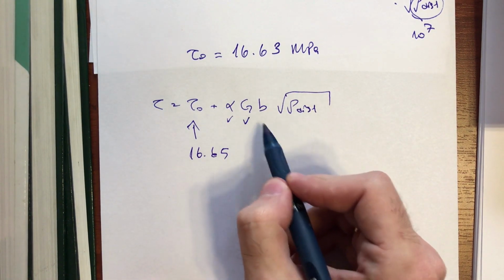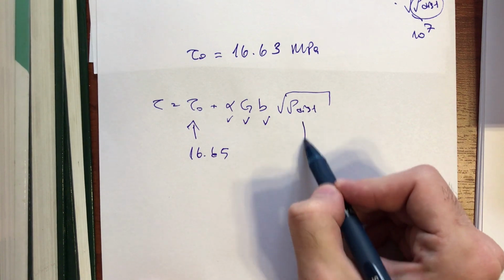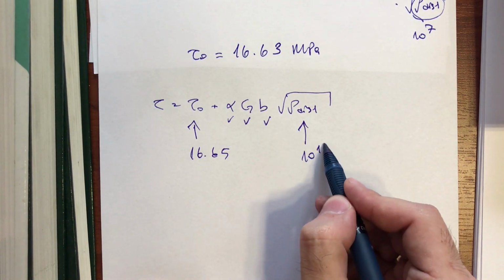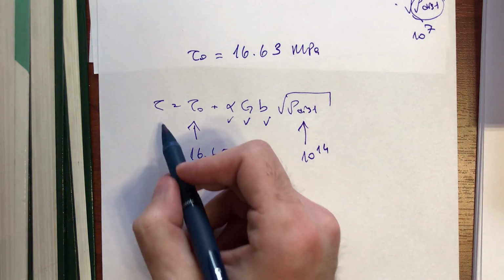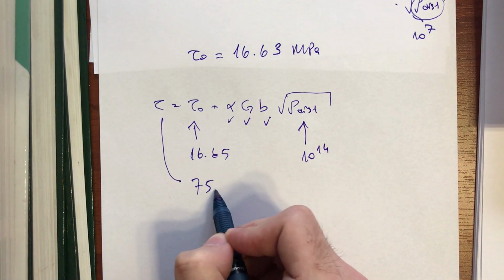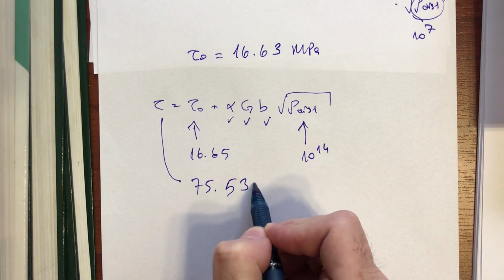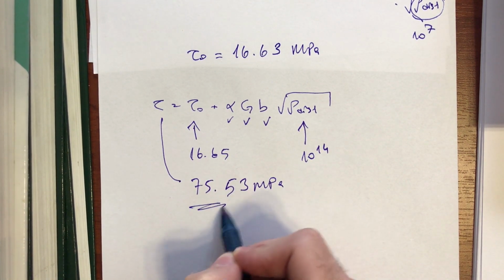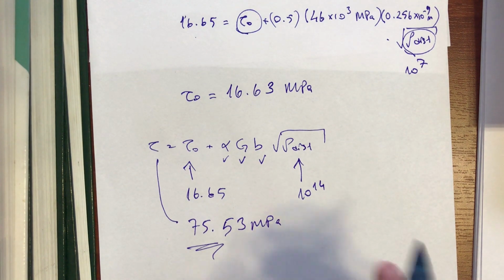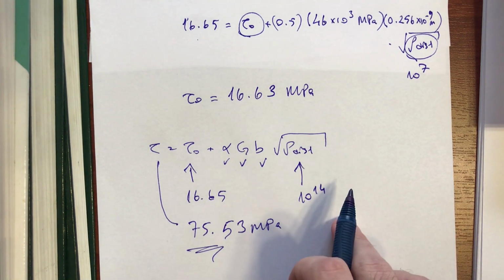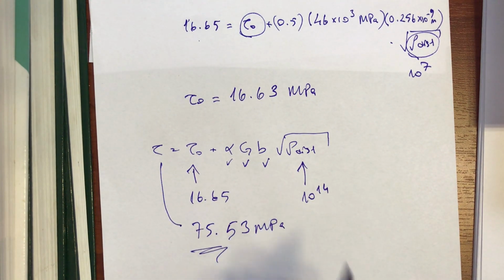Alpha is known, G is known, the Burgers vector is known. The dislocation density is given as 10 to the power 14. And if you calculate it, this turns out to be 17.53 megapascals. As you can see, cold working dramatically increases the dislocation density, and that in turn increases the strength.